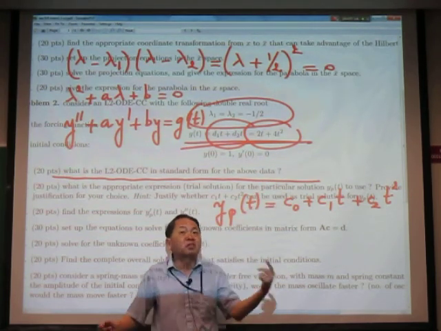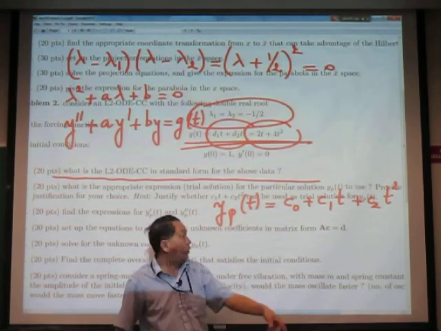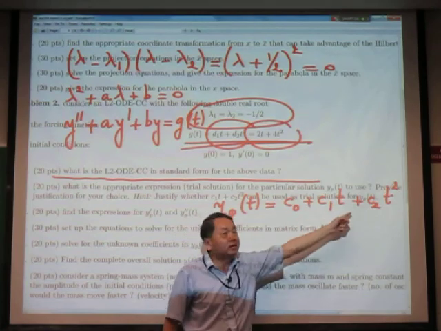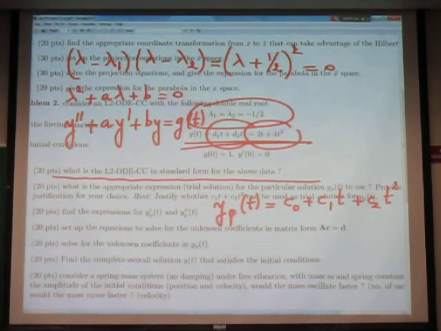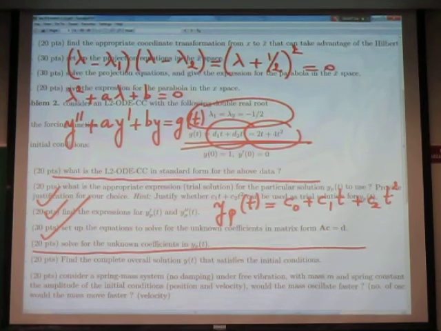That's 4. Three equations, 3 unknowns, so you can solve for c0, c1, c2. That's how you get the particular solution, which I just answered. There are in fact 3 questions here.